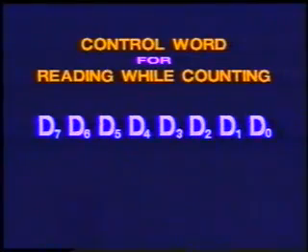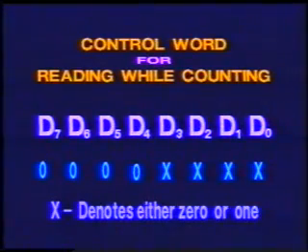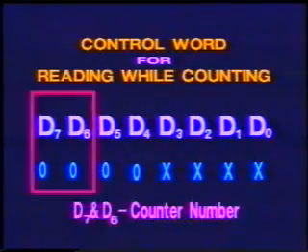To read counter number 0 while counting, the control word would be 0000 XXXX. X denotes either 0 or 1. Bits D7 and D6 represent the counter number.